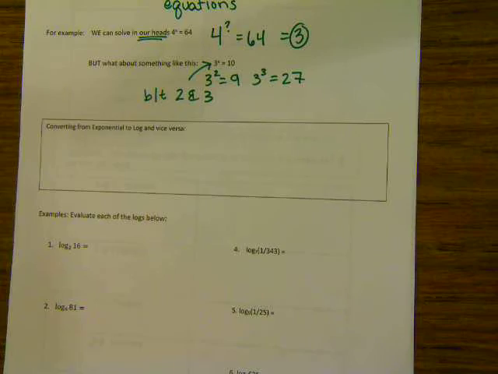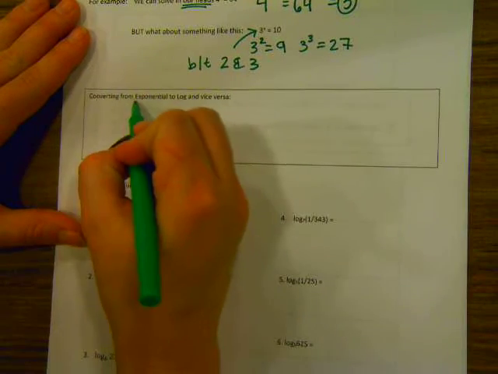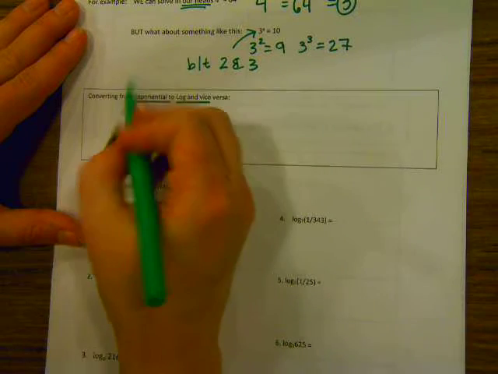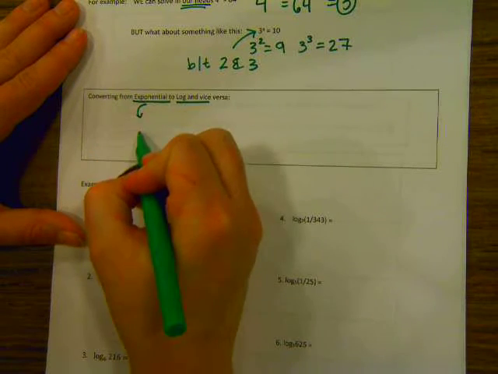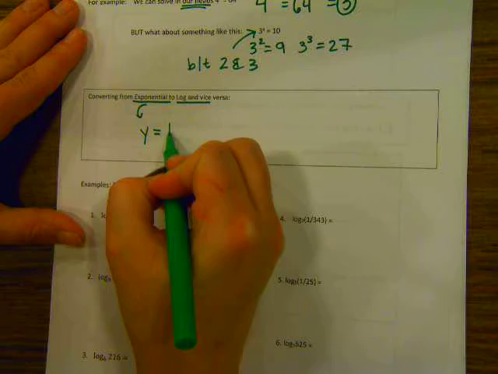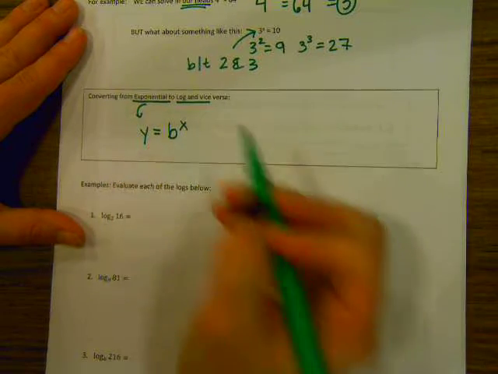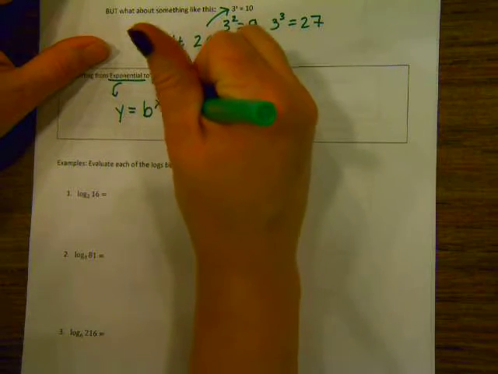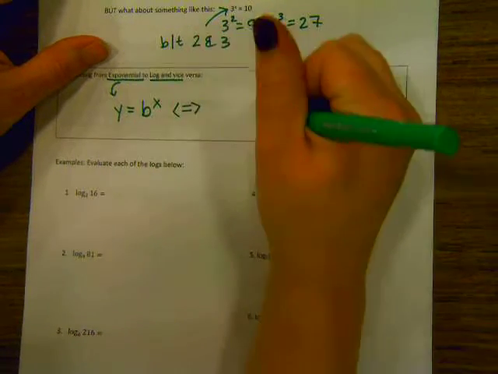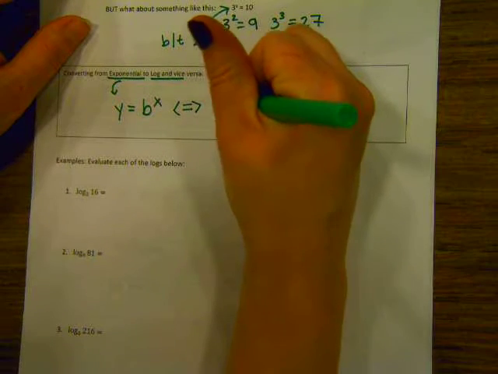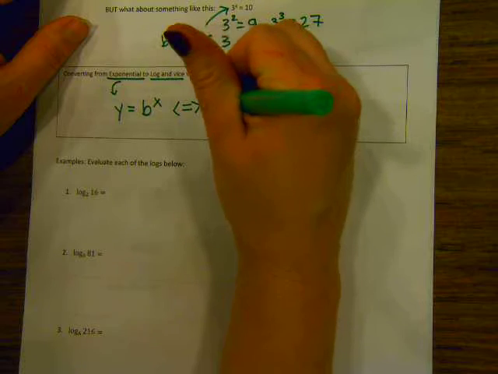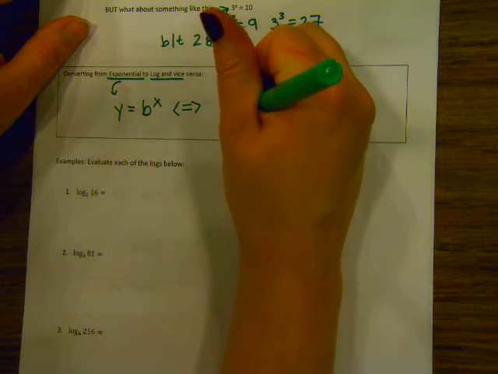So that's what we're going to focus on today. Converting from exponential form into log form and vice versa. Go over the two forms. Exponential form, y equals, it has a base and x is the exponent, which we've seen. The log form, okay, looks like this. And you can convert between both of them. In the log form, you put the word log, that's how you know it's log form. And then you say log base.